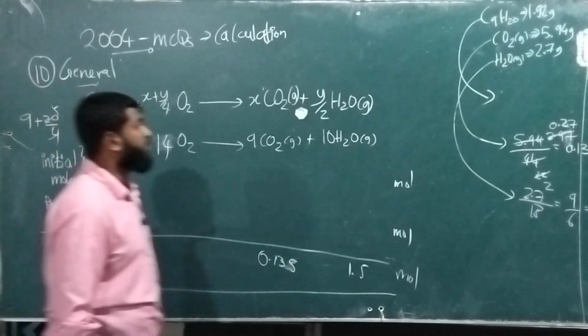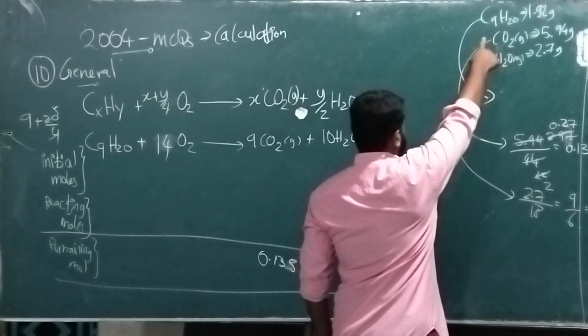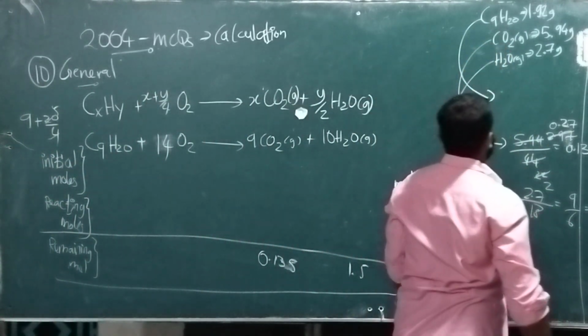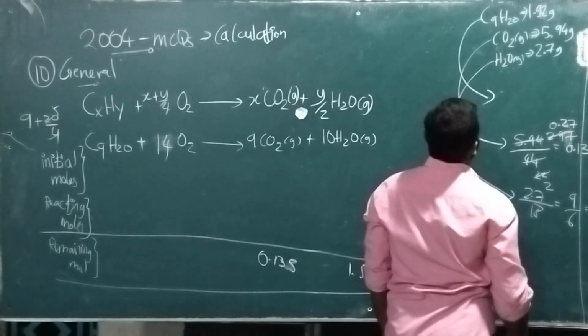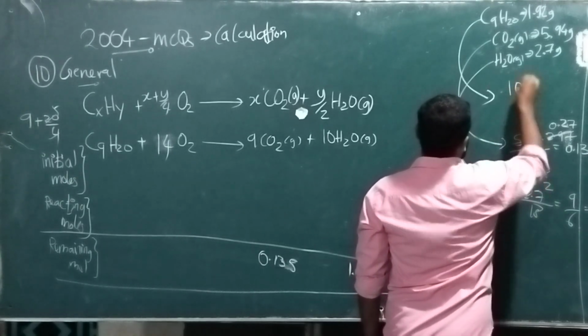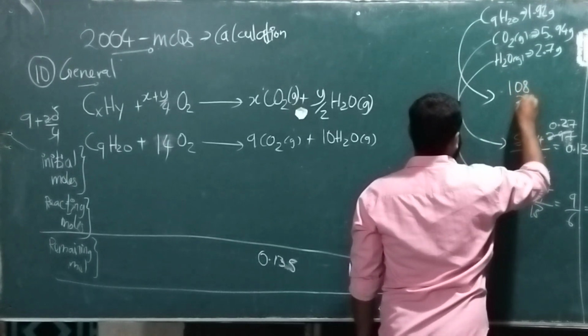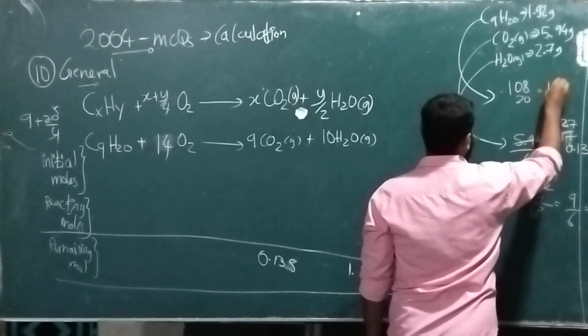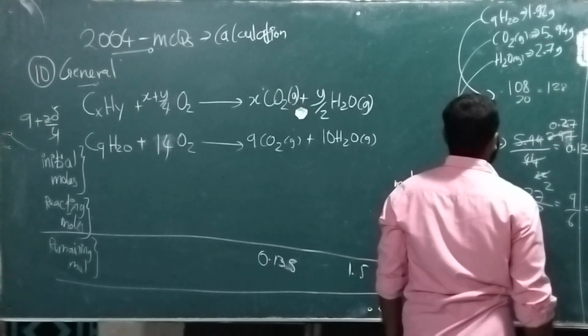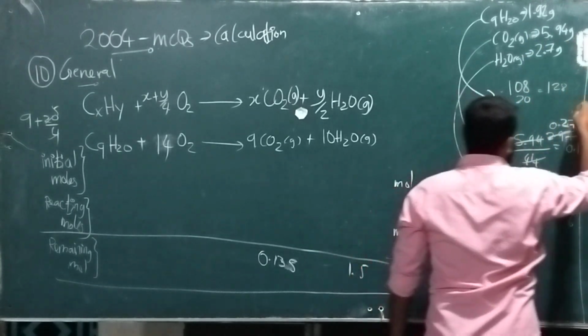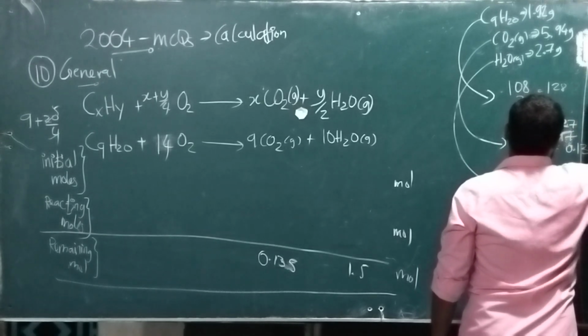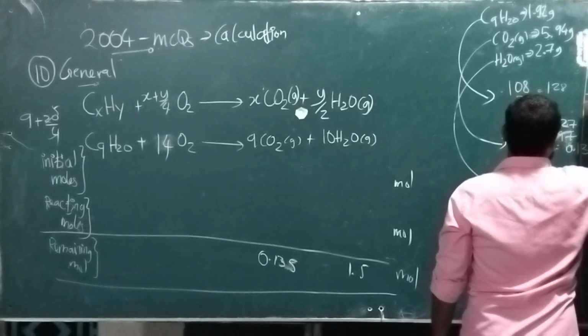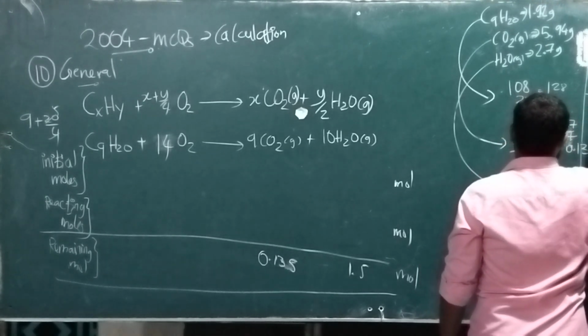Now we have to go for this one. 12 nines are 108, plus 20, so you will get 128. Then 1.92 divided by 128.